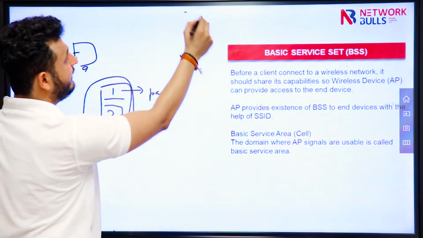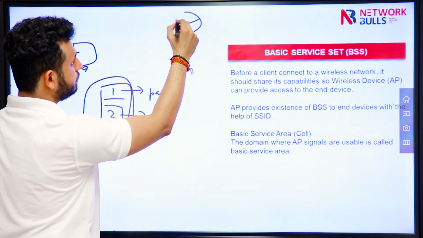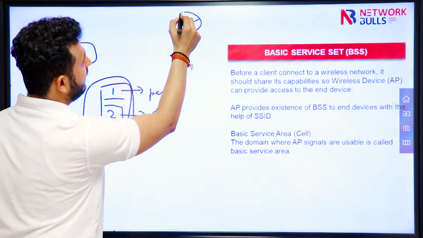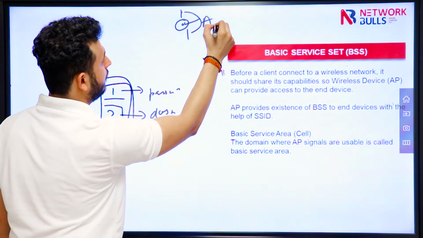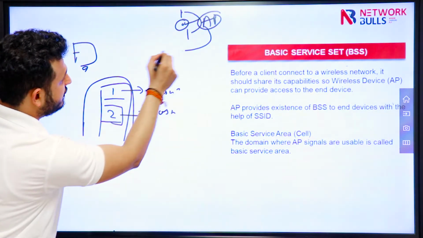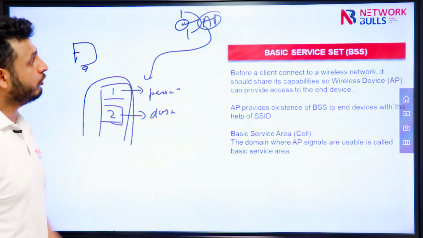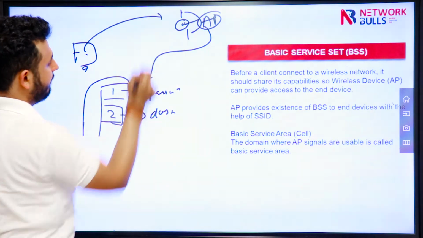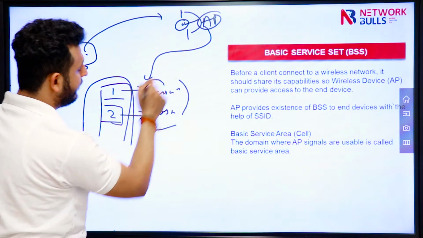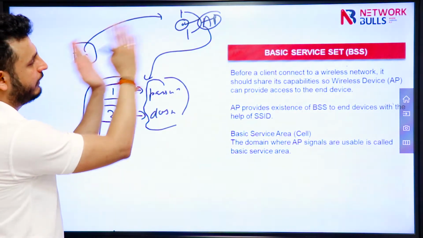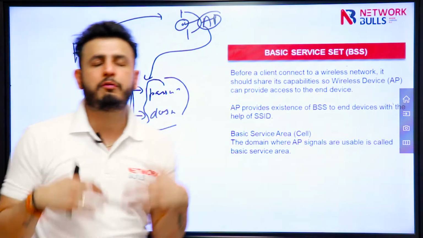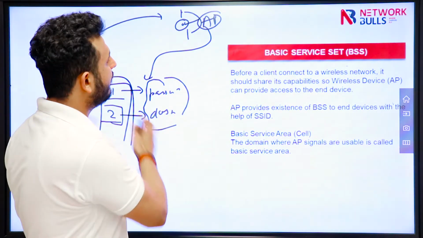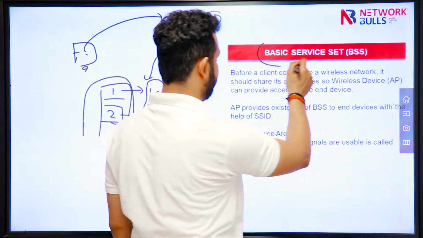Both SSIDs are defined on which AP? This AP, and are advertised by which AP? This AP. So actually this machine is connecting to the AP with the help of an SSID and sharing its capability. What are the requirements for connection? All those things come under basic service set.